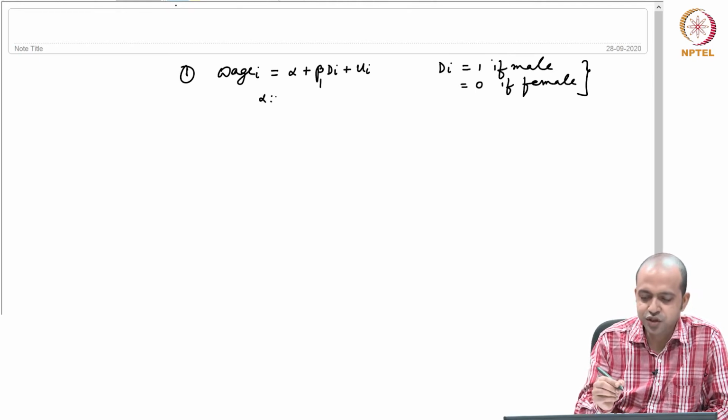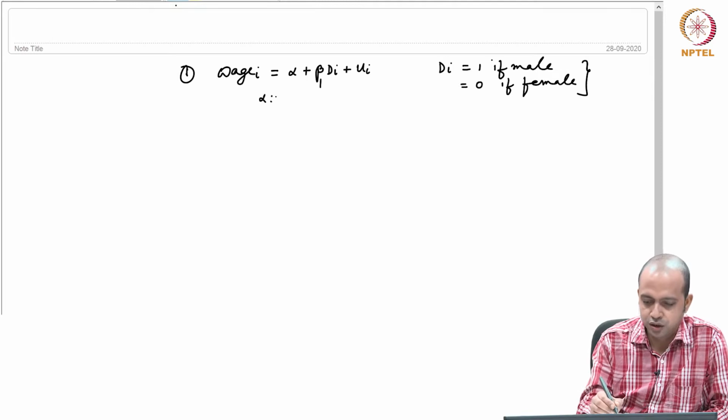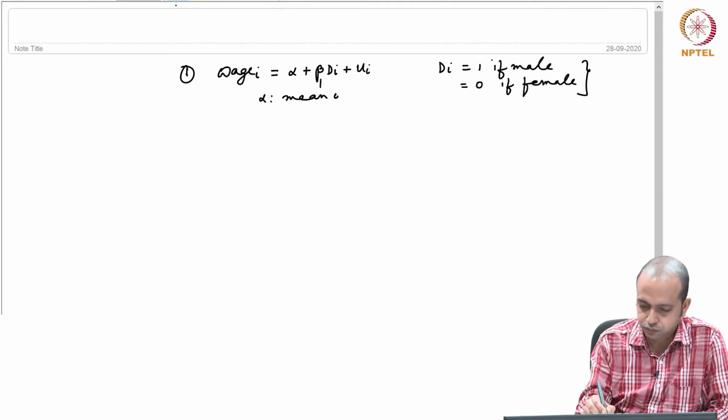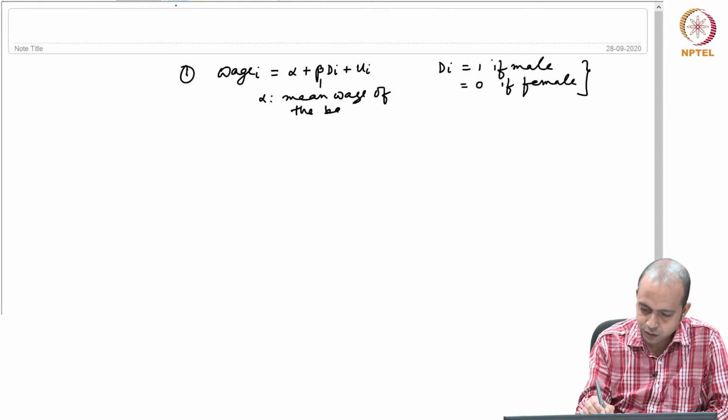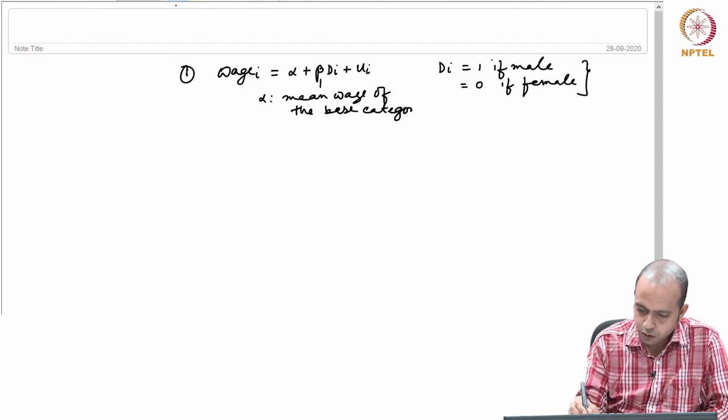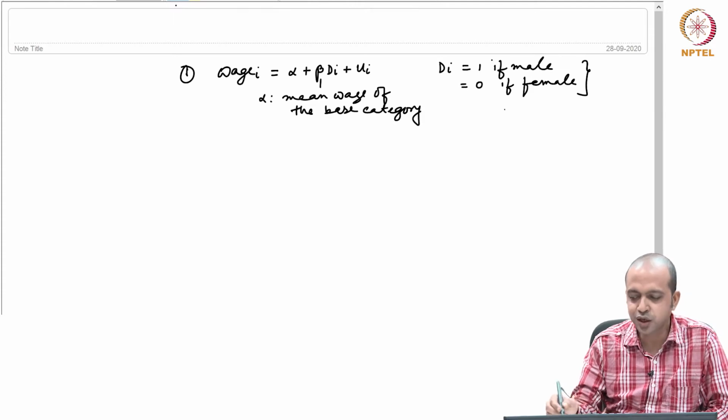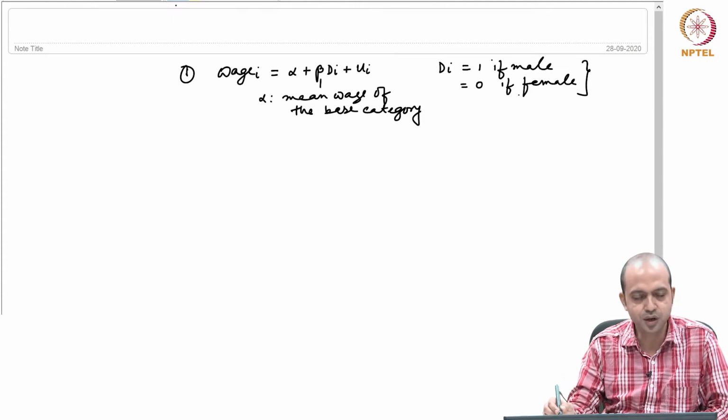Alpha basically indicates the mean salary or mean wage of the base category, and what is the base category here? The base category is female, since we have not introduced any dummy for the female category, right.